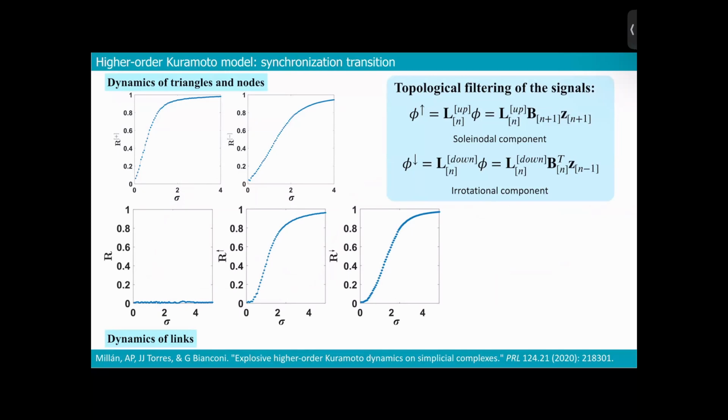These are the ones shown here. So in this case, this highlights the role of these topological filters that we also heard about in the first days of the talk. Because unless you apply these filters, you would not see that there is a synchronization happening on the edge signals.